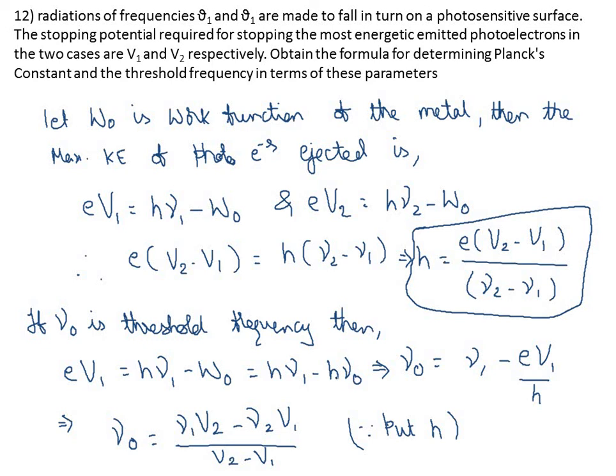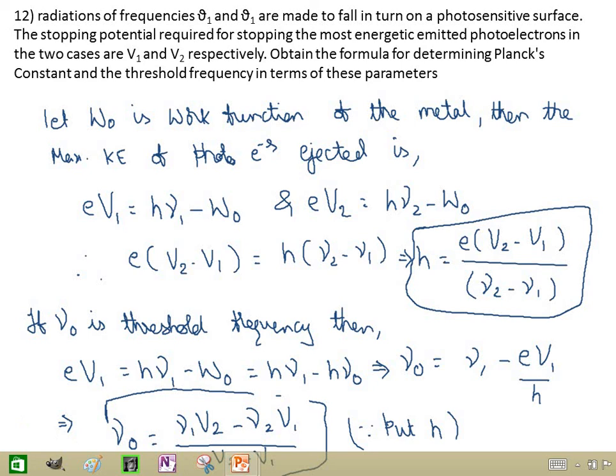From there get nu naught equal to nu1 minus eV1 by h. We have already calculated h, so substitute that here, and upon substitution I get nu naught equal to this, the final expression. Are we clear with this?